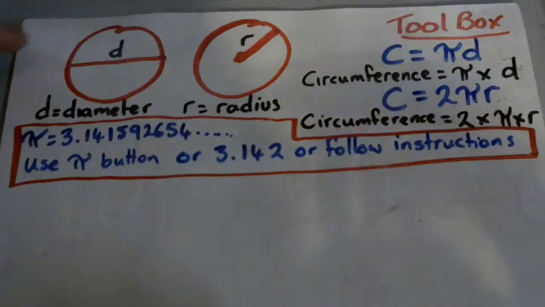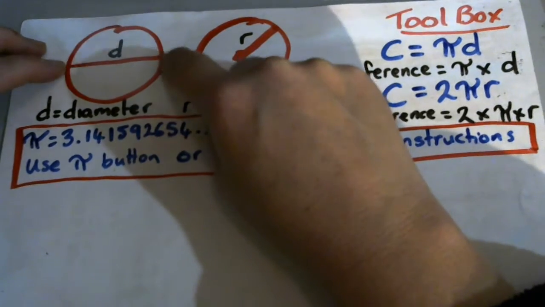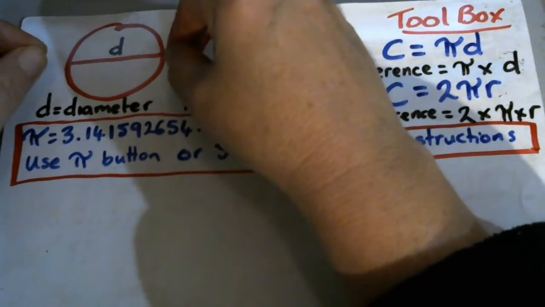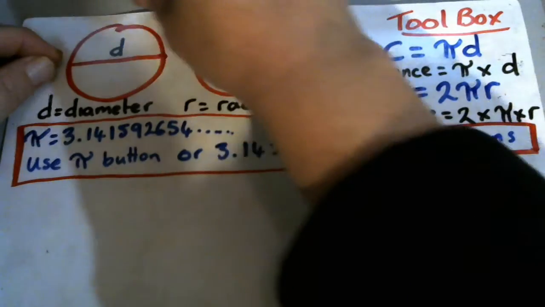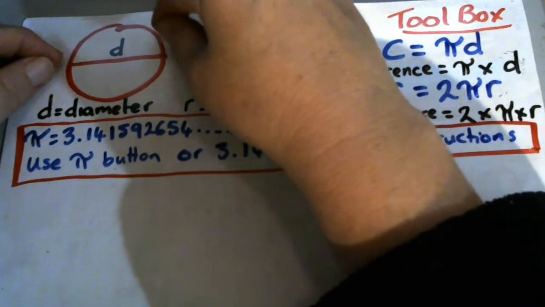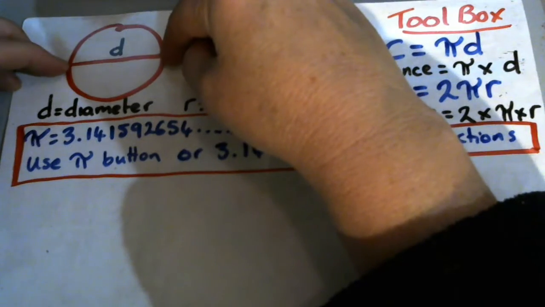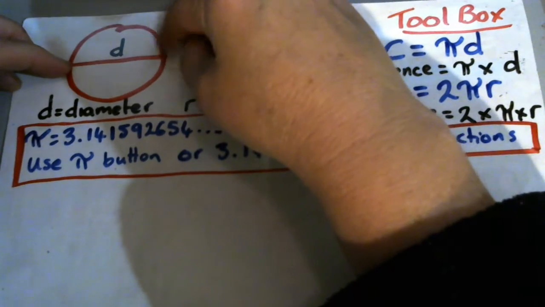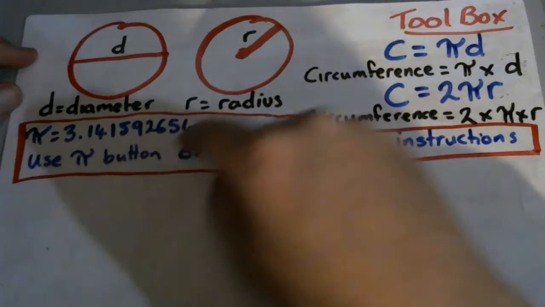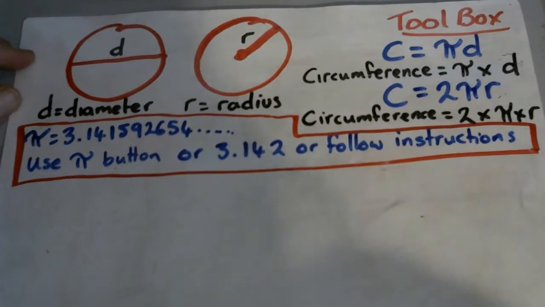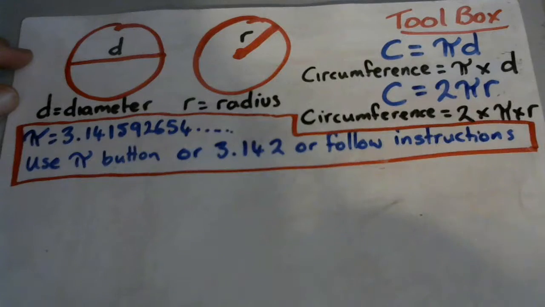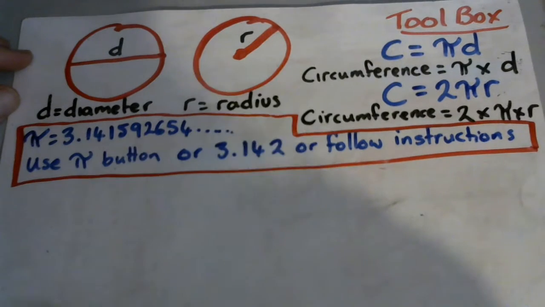If you took the measurement of the diameter and, like with a piece of string, wrapped it around the circle, you would discover that it takes just over 3 of those to get round the circle. In fact, it takes 3.141592654, and that carries on to infinity and beyond. You'll notice there's no pattern to the numbers.